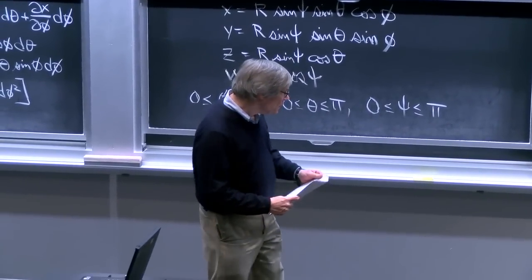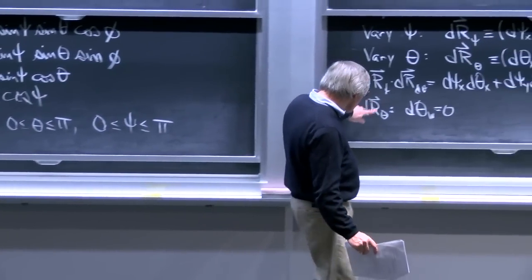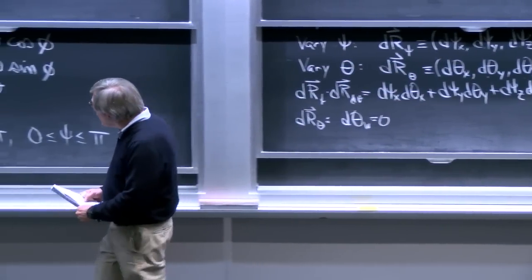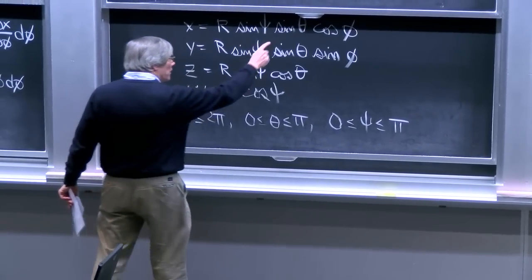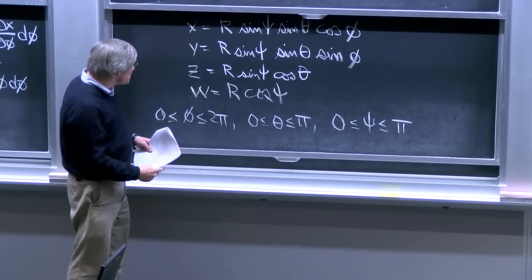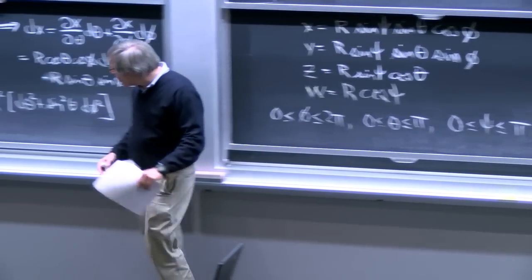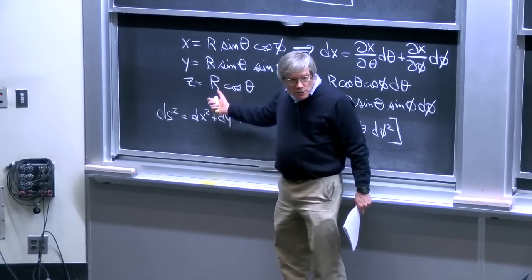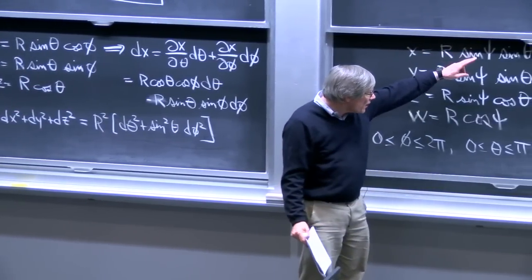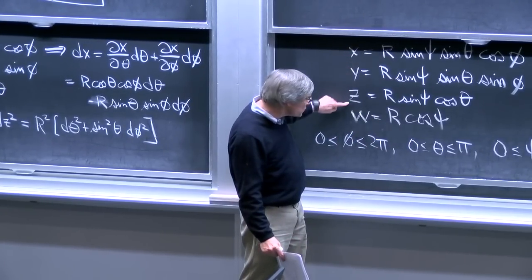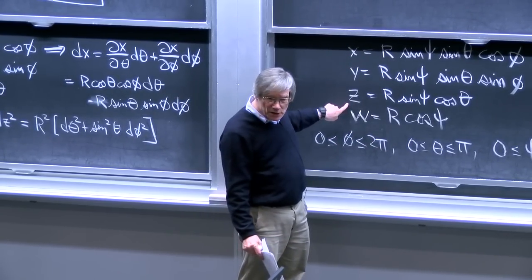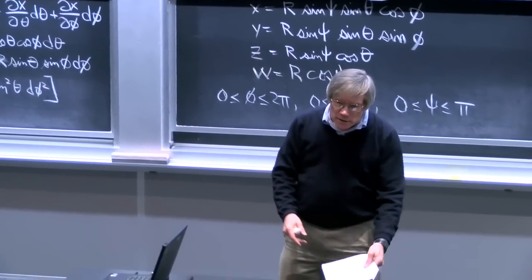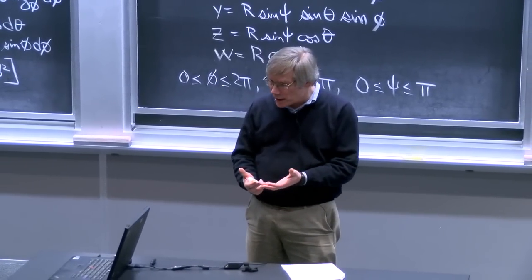Now, what do we know about those three terms? If you look at dr sub theta and look at its three spatial components, x, y, and z, from here, we can see that varying theta does the same thing to x, y, and z as it did over here, except a different overall factor out front. So in particular, what I want to point out is that varying theta does not change x squared plus y squared plus z squared. It leaves it constant. So if we think of the x, y, z space, we can imagine a sphere in the x, y, z space.